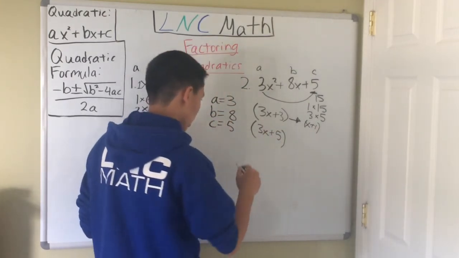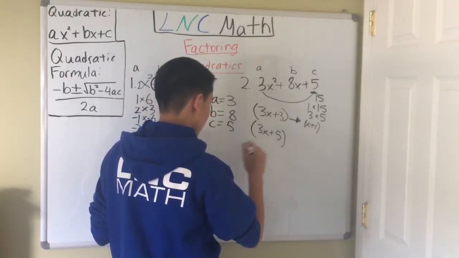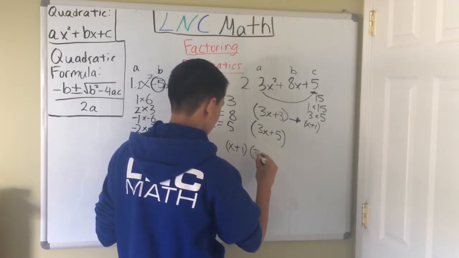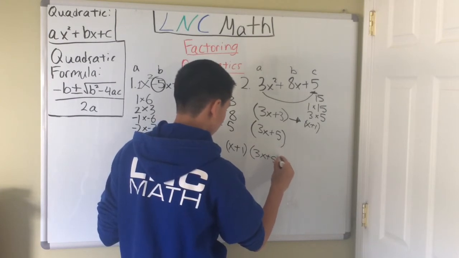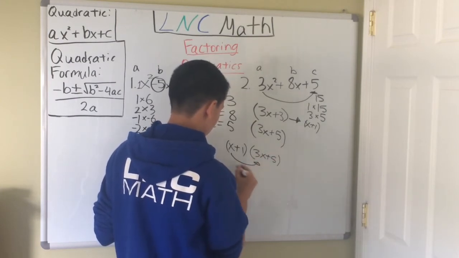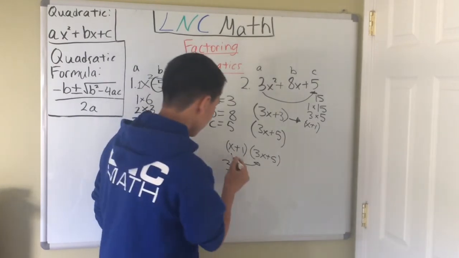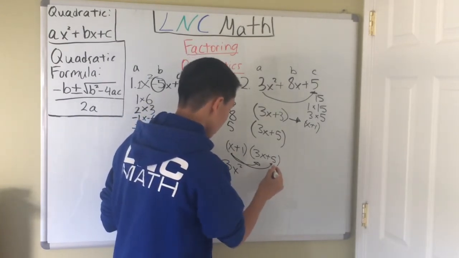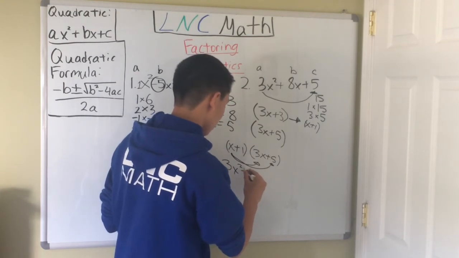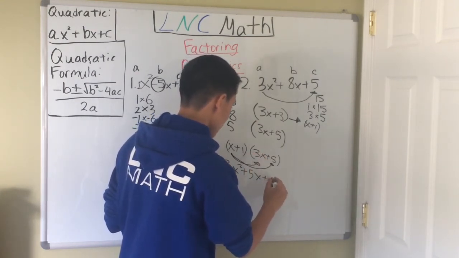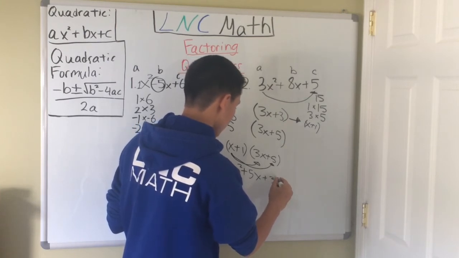So let's check our work. We have x plus 1 using FOIL times 3x plus 5. That's 3x squared, right? And then the outside, x times 5 equals plus 5x. 1 times 3x is 3x.